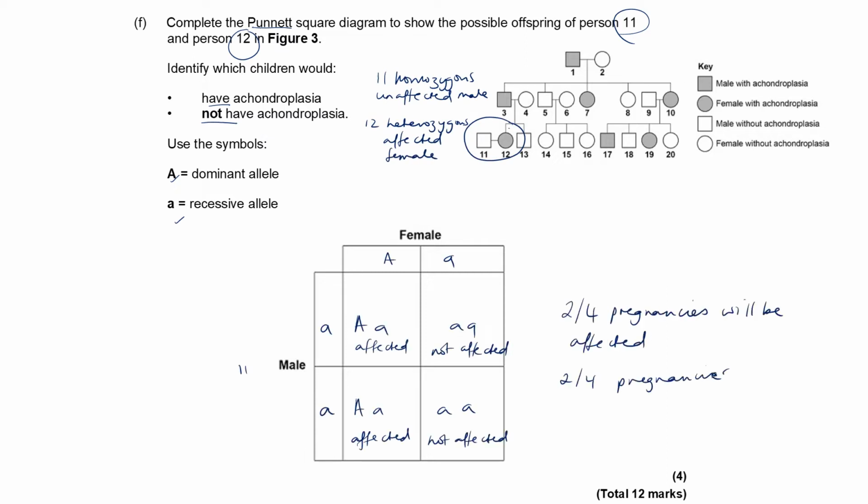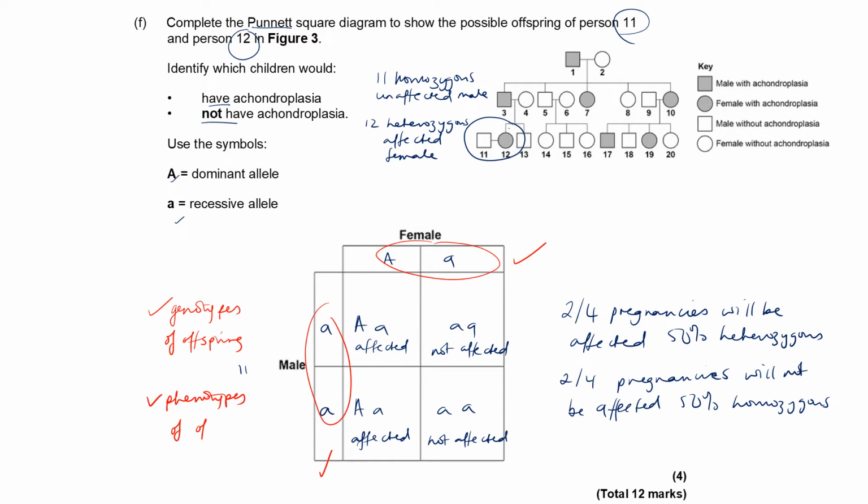And I can see that the female is affected, heterozygous, so she will have a dominant allele, capital A, and a recessive allele, lowercase a. The male is unaffected, so must be homozygous. So that's how I've got the genotypes. I've also written in the phenotypes, whether they're affected with achondroplasia or not. And I've done percentages, even though they haven't asked me, but that's just the good practice I'm in.